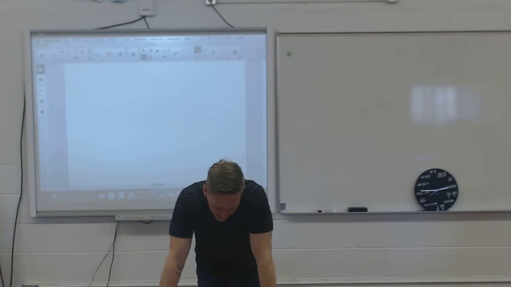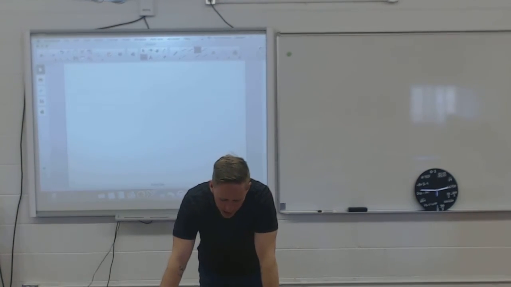Negative 8 and what? Let's fill in this chart quickly. Negative 8 and negative 3. Negative 4 and 0. 0 and 3. 4 and 6. 8 and 9. Right. Okay, great.